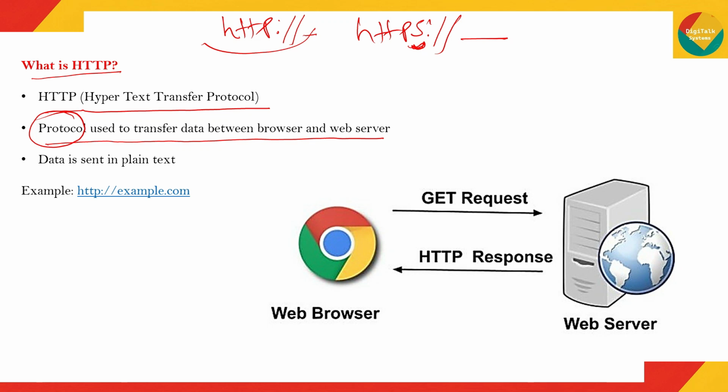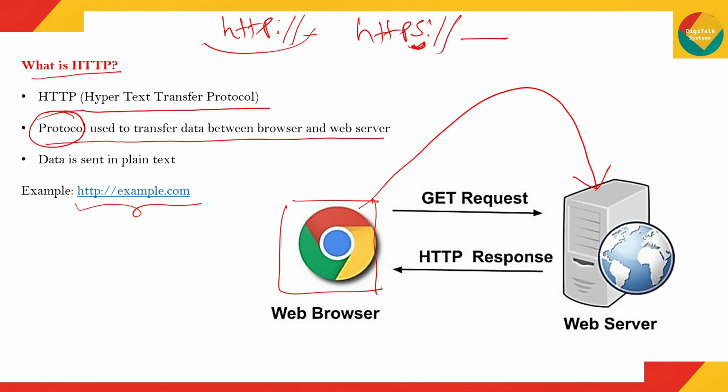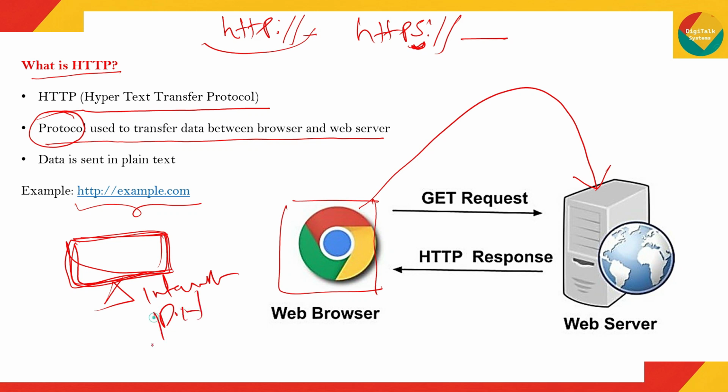Now suppose that whenever we access any website from our system with the help of a browser, the request is served by the designated server, right? For example, if you access a website like http://example.com from your browser, your machine, which is your laptop or maybe desktop, is connected with the internet, which is also called the public network.